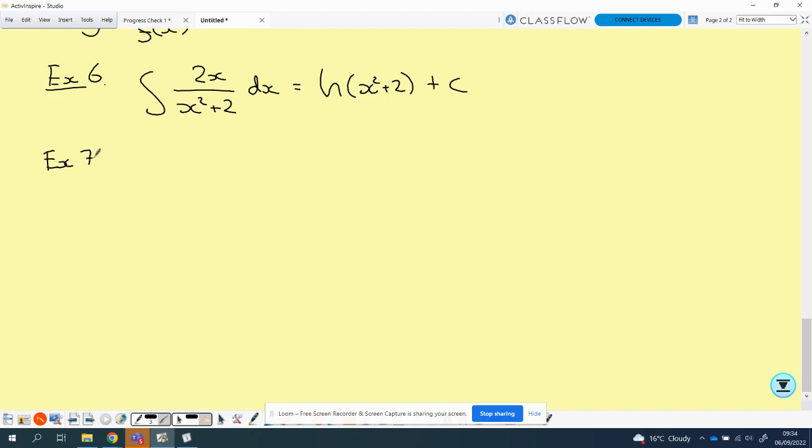If I then go to example 7, so this is an example of where it might not seem like you've got it.